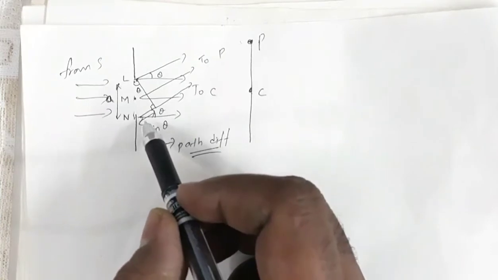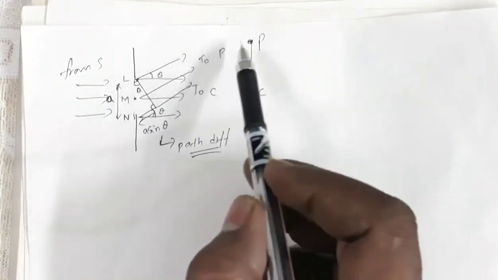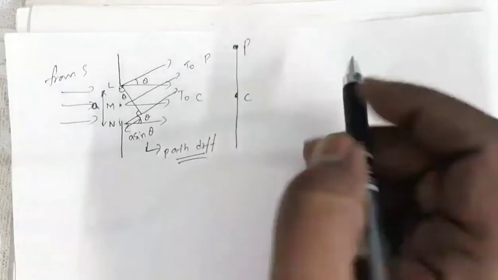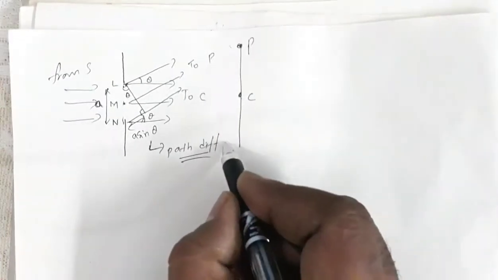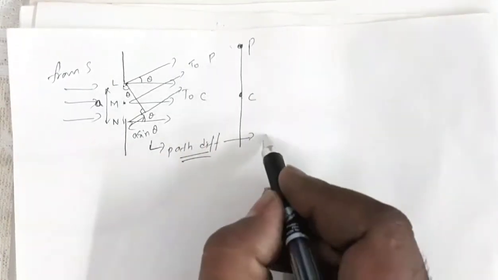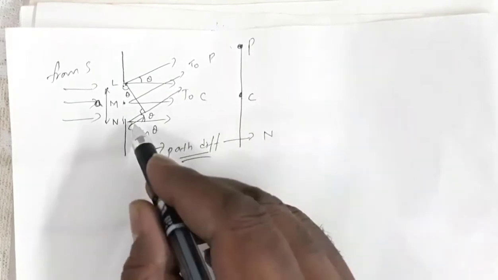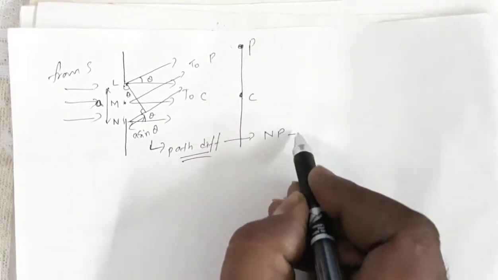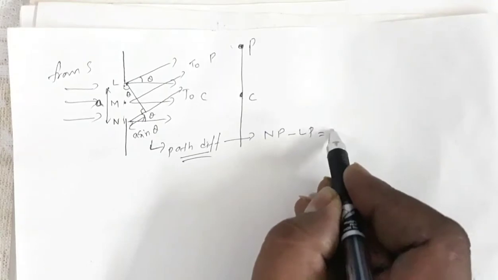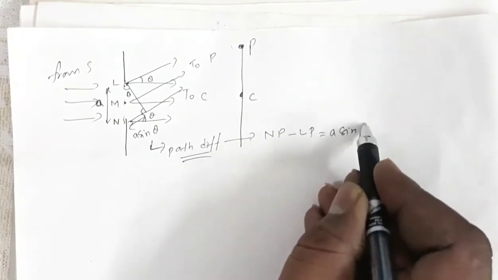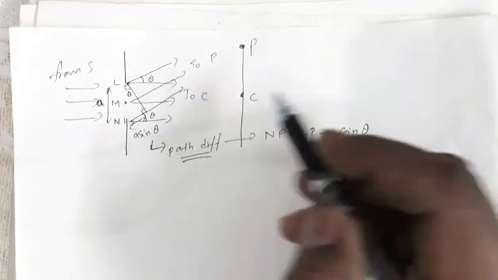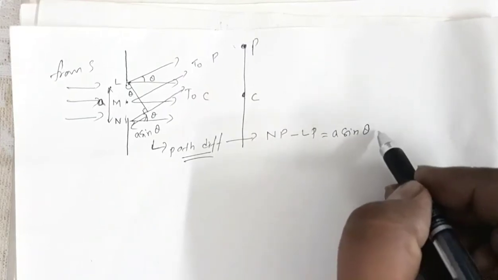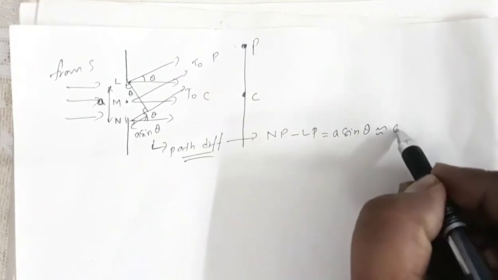So here, for the light rays traveling from L to P and N to P, the path difference NP minus LP is equal to a sin theta. For small theta, sin theta can be written as theta, so this gives a theta.